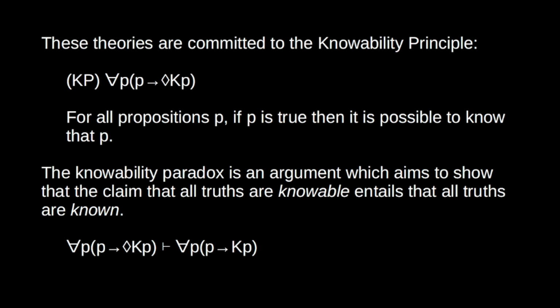So this says for all P, and then in brackets, if P is true, then it is possible to know that P. So the diamond means it is possible that, the K means it is known by somebody at some time that. So all propositions P, if P is true, then it is possible to know that P. Of course, given our technological and cognitive limitations, it may not be that we're in a position right now where we can know that P, but there's some set of circumstances under which a person could come to know that P.